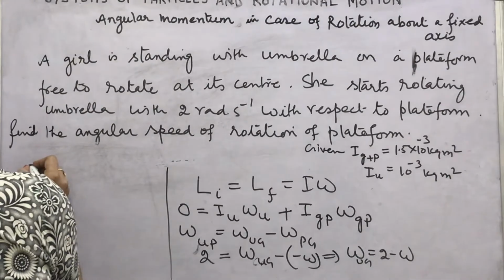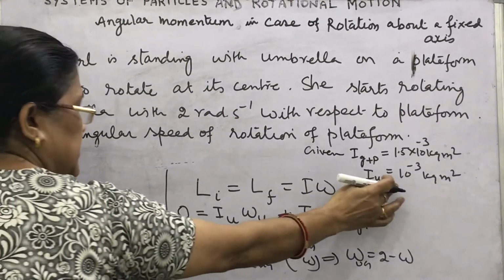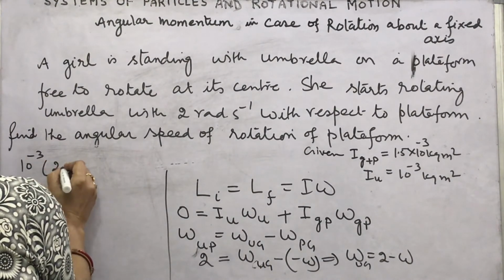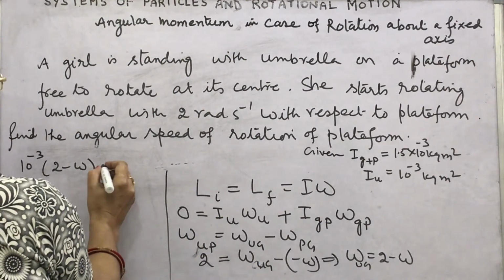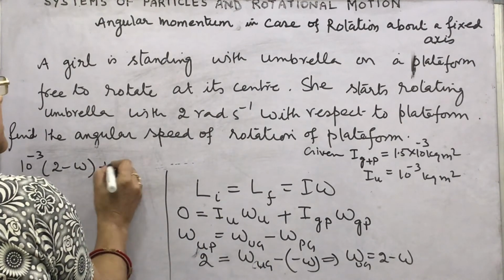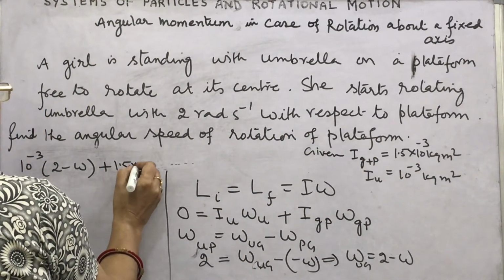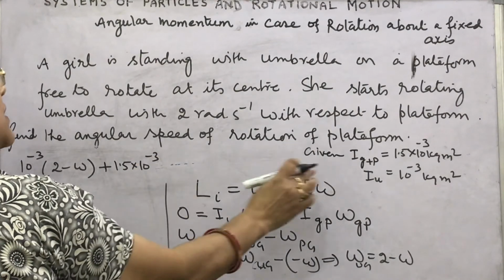Here the angular momentum is 10 to the power minus 3 into this omega u. What will you write? This 2 minus omega, umbrella with respect to ground, plus this system, that is 1.5 into 10 to the power minus 3, and what is here?